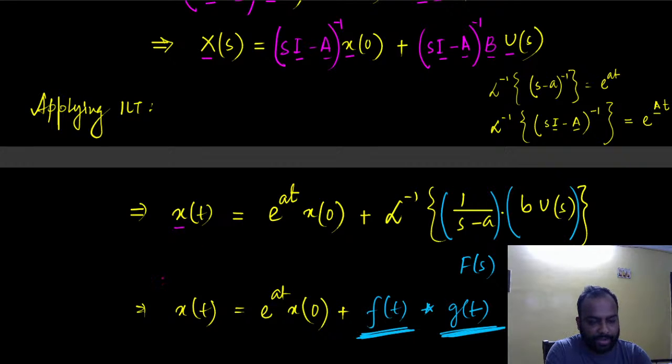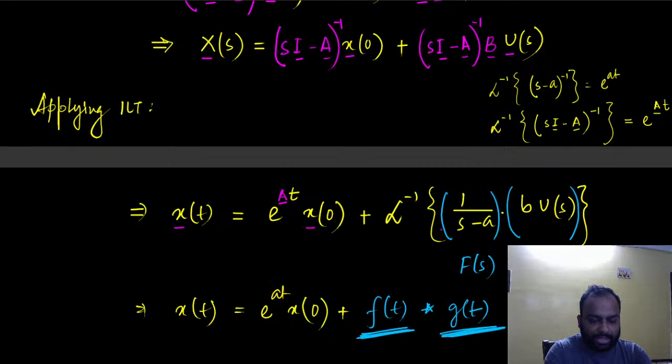If I apply inverse Laplace transform, this becomes x(t), right? And we know because of this that the inverse Laplace transform of (sI minus A) whole inverse is, instead of being just e to the power at, where a is a small scalar quantity, going to be e to the power At. That is just like before. So again, instead of being x(0), that's going to be this.